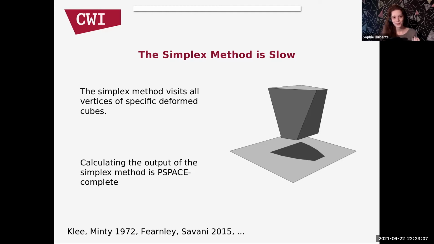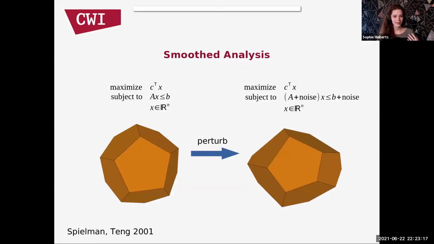So somehow, although hard inputs for the simplex method exist, they never show up in practice. And to address this mystery, in 2001, Spielman and Teng came up with an interesting way to make rigorous the claim that nearly all linear programs are easy.